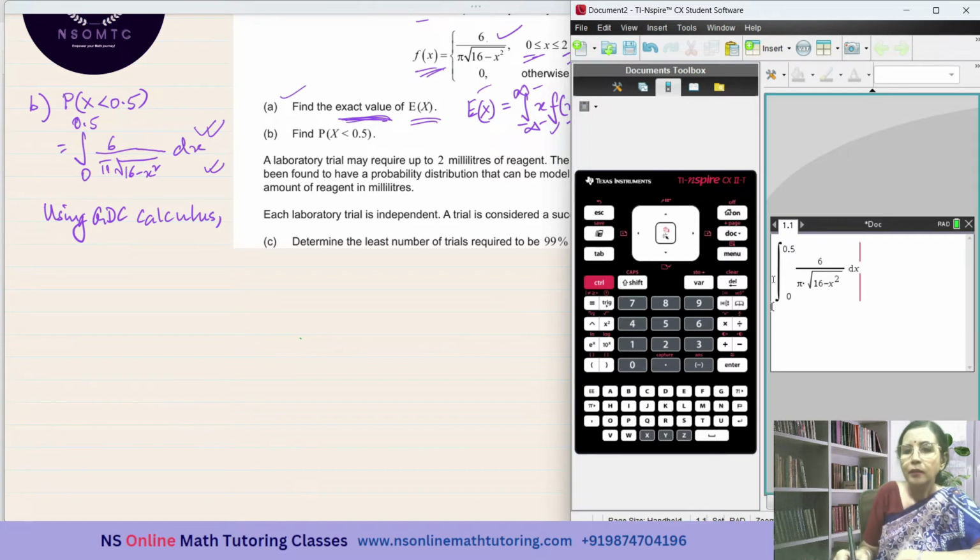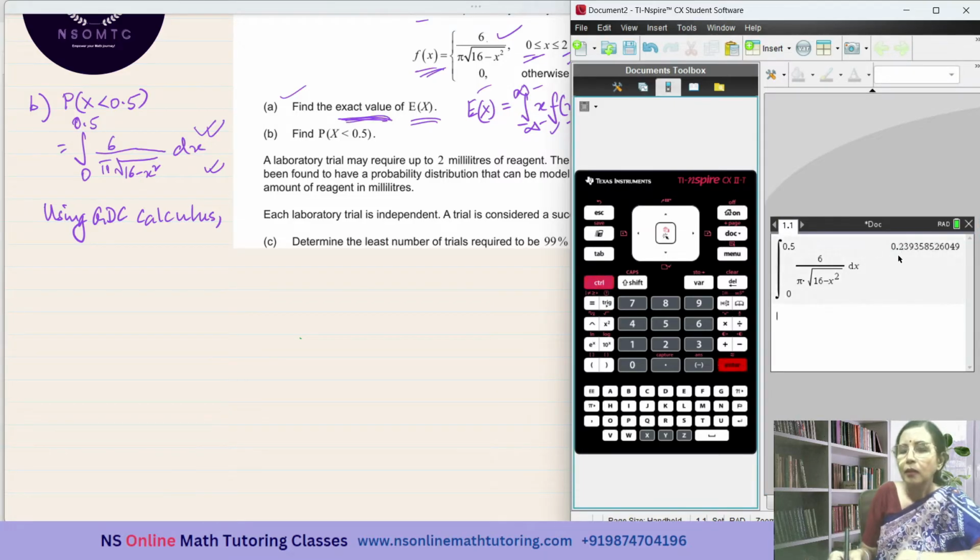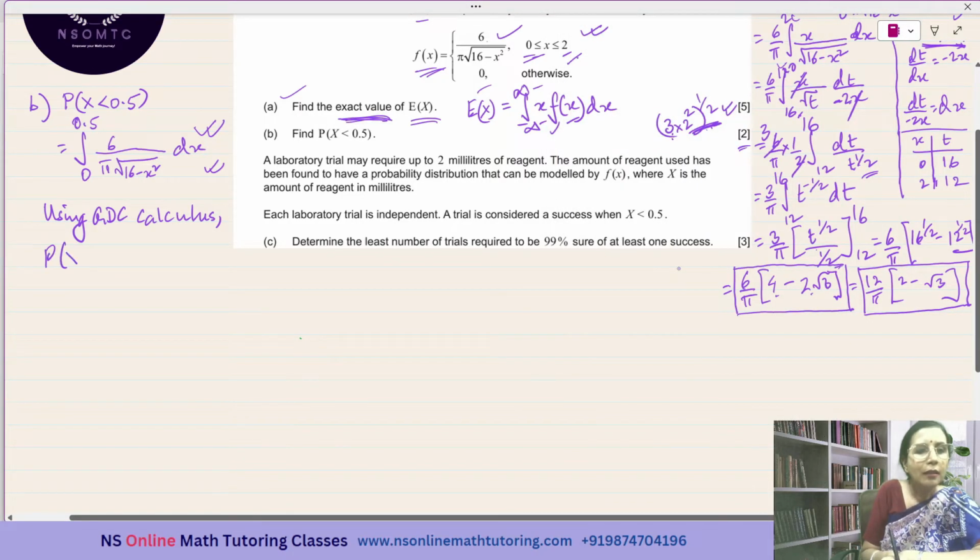Fine. 6 and pi, and this is fine. So enter. 0.23938, up to 3 significant figures, it is 0.239. Okay. P of x less than 0.5 is equal to 0.239.